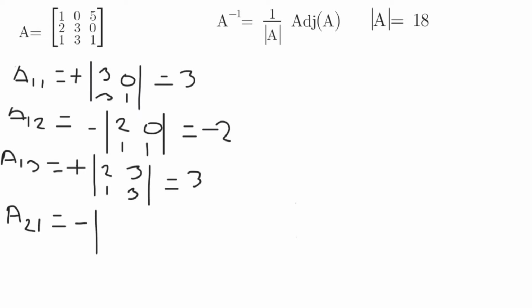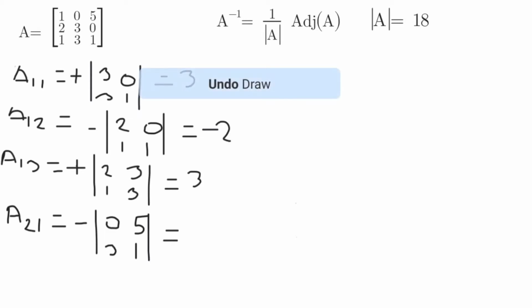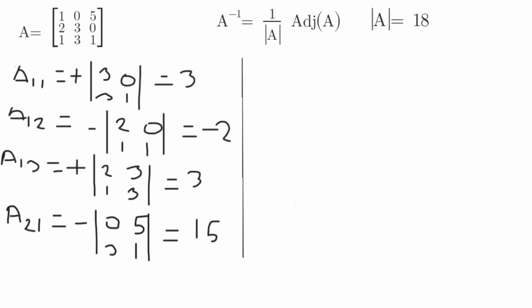After cancelling the corresponding row and column, the remaining elements will be 0 5 and 3 1. So it is equal to minus, no minus, because two minuses cancel, so it will be positive 15. Now we are going to find A22.